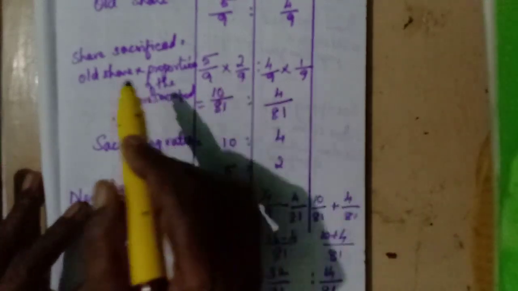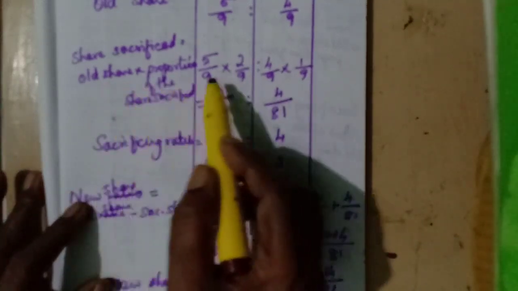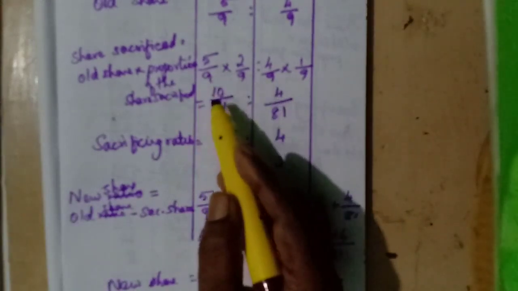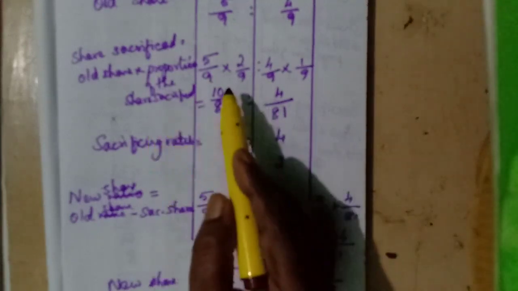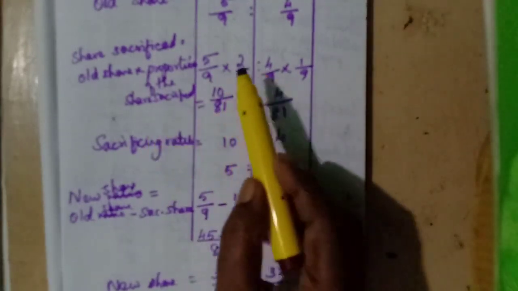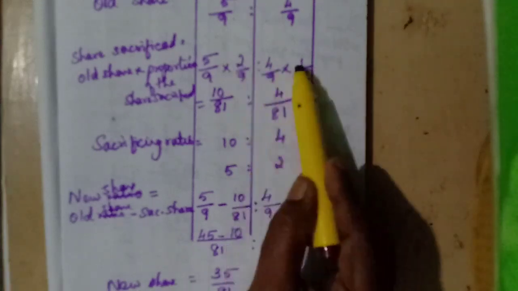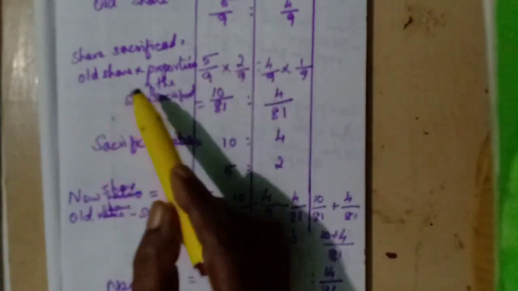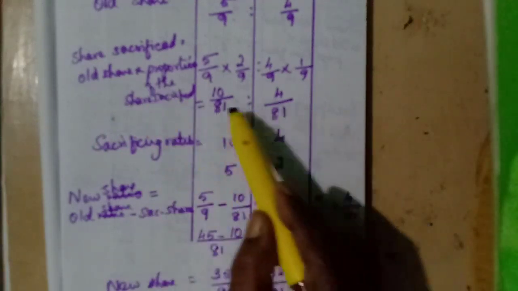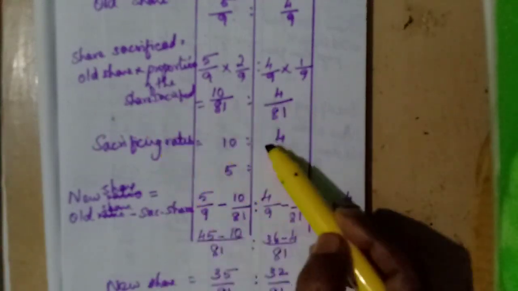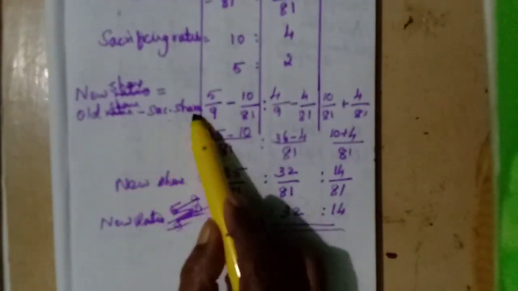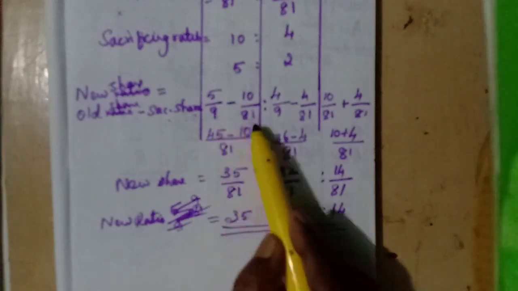That is, first we need to calculate the share sacrificed because they have given the proportion. We need to calculate the sacrificing share, how much they are sacrificing. Okay, proportion is given 2:1. So in their old share we need to calculate what is their sacrificing share. This one, sacrificing share, sacrificing ratio. Now we will calculate the new share, old share minus sacrificing share.